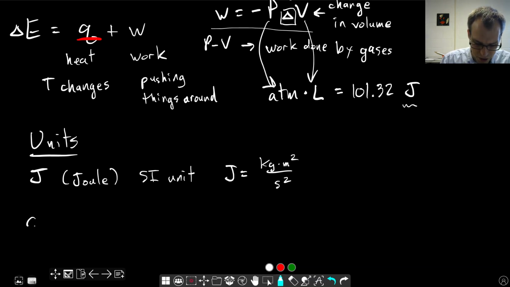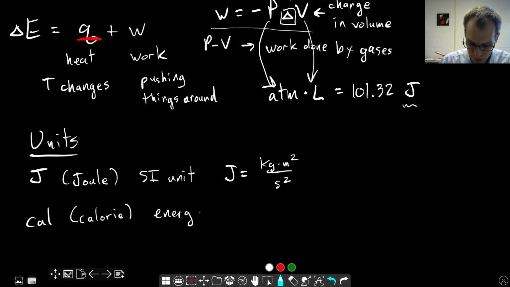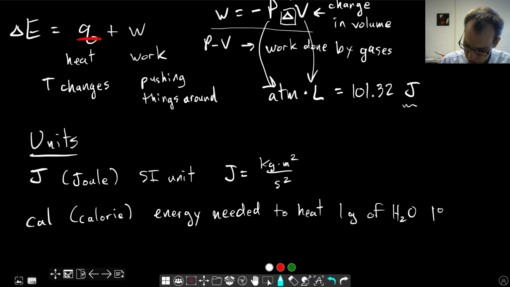Another really common energy unit that we're going to see is the calorie. You're probably familiar with counting calories or calories in food. This is related to that unit, but is not exactly the same. A little c calorie is the amount of energy needed to heat 1 gram of water 1 degree Celsius.